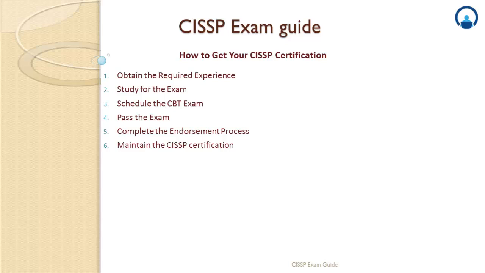This is primarily accomplished through continuing professional education. You have to earn 120 credits every 3 years, with a minimum of 20 per year. Only after you complete these continuous learning requirements will your CISSP certification be valid for your lifetime. So this is some introduction about CISSP.